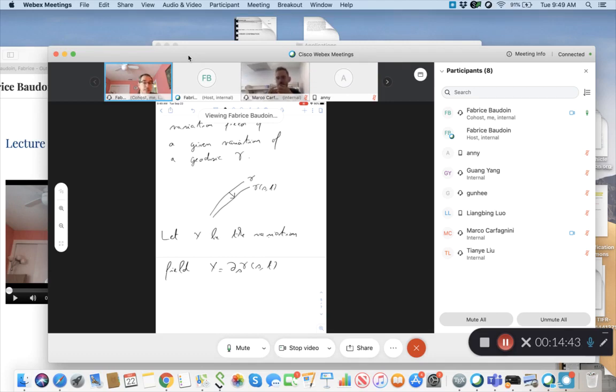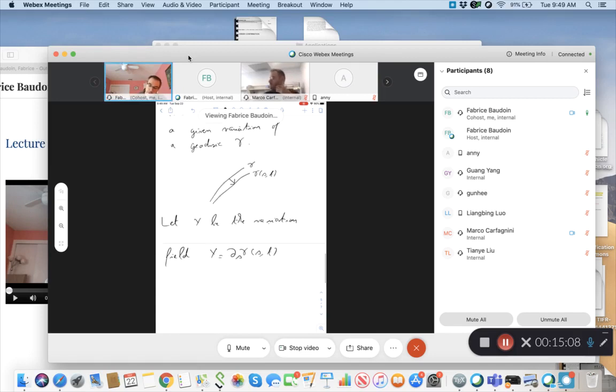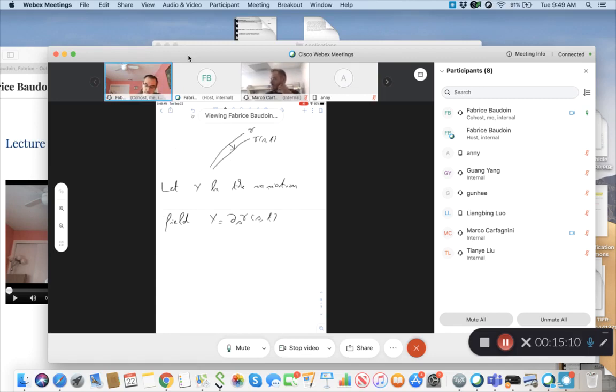Because any gamma, when you fix the parameter s, is going to solve a second-order differential equation. So our question is, how can I perturb a solution of a second-order differential equation so that I get the solution of the same equation for a different parameter s? So we are going to see that y solves a linear second-order differential equation, which is called the Jacobi equation.